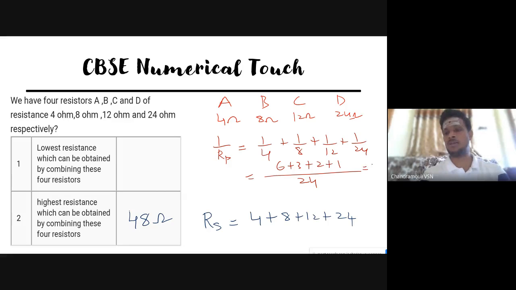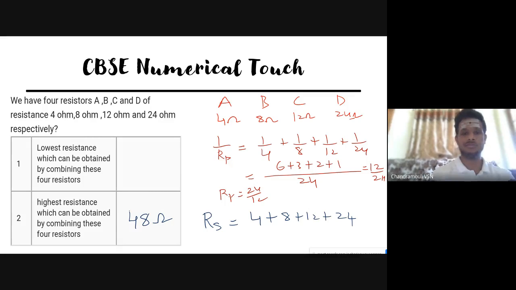But we should take 24 by 12. Reason: we want R parallel. So therefore, R parallel is equal to 24 by 12, and the answer is 2 ohms.